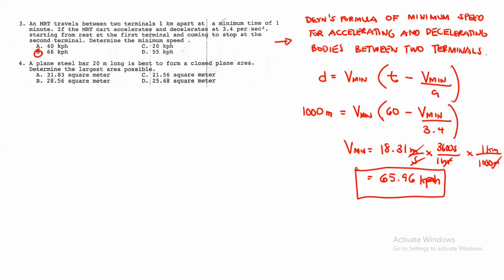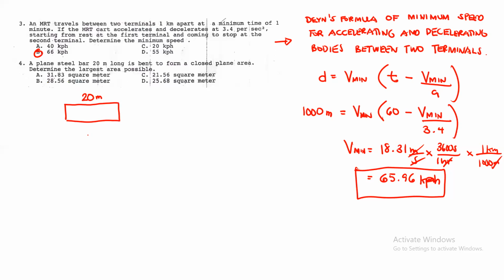Para makuha natin yung largest area ng figure na to, ito yung plain steel bar natin, 20 meters long. Kapag finorm natin to into closed space, binent down natin to form a closed plane area.